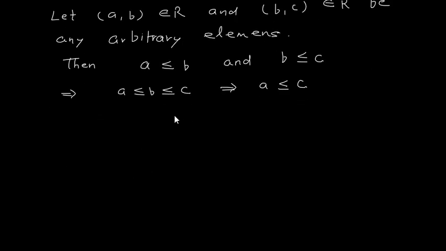Now a is less than or equal to c, therefore (a, c) also belongs to relation. So as (a, b) belongs to relation and (b, c) belongs to relation, this implies that (a, c) also belongs to relation. Hence we will say that relation R is transitive.